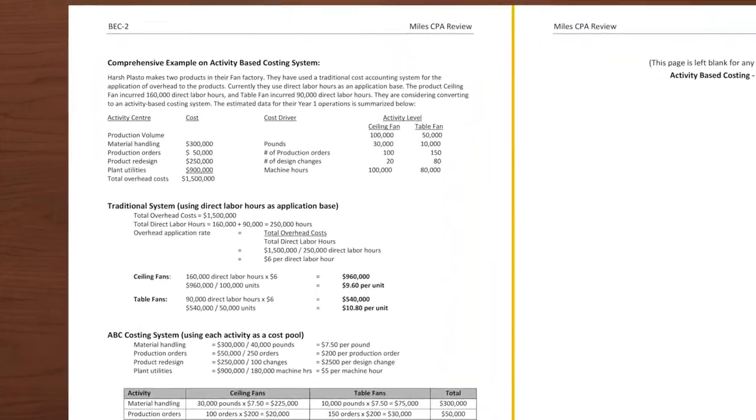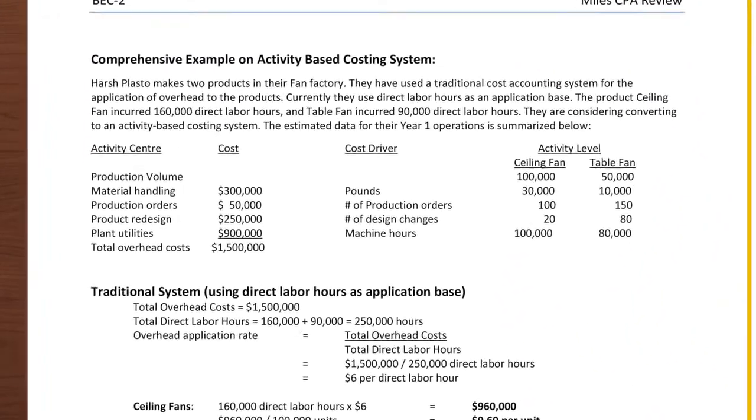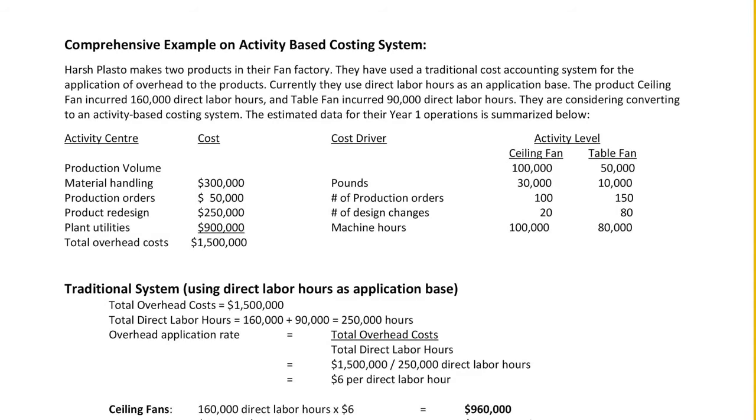Turn to page 28, where we're looking at a comprehensive example on activity-based costing. Here we're looking at the allocation of total overhead costs, circle $1.5 million. Now under, highlight, traditional system, we're looking at allocation of total overhead costs using a single cost driver. So highlight total overhead costs, and that's 1.5 million.